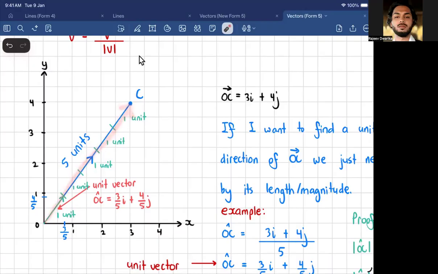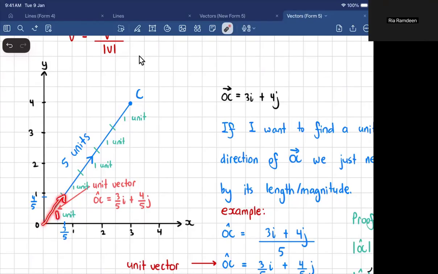Yes, sir. Great. We understand that. What we found here was a unit vector in the direction of what? Is that in the same direction of O to C? Yeah. And both of them pointing in the same direction? Yeah. One just has a length of what? 5.